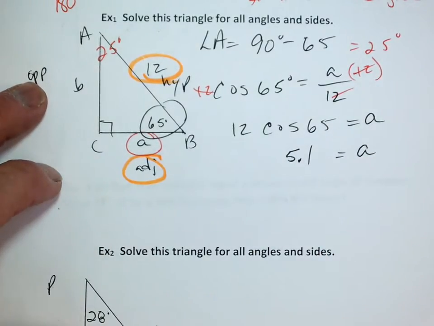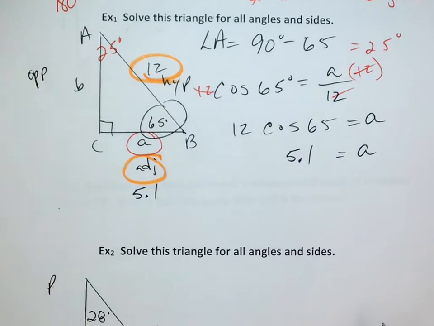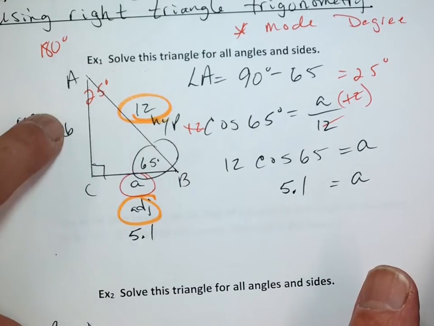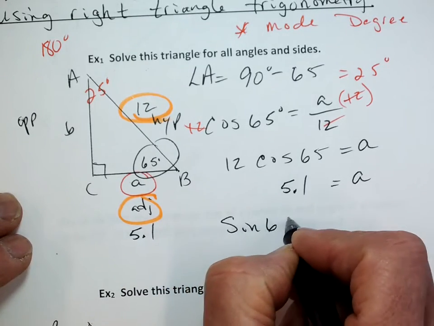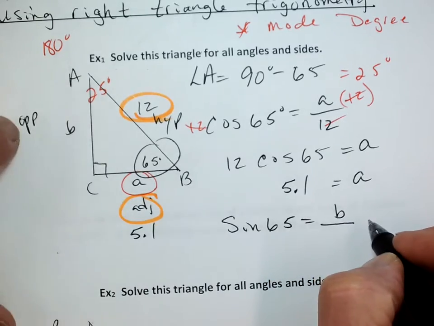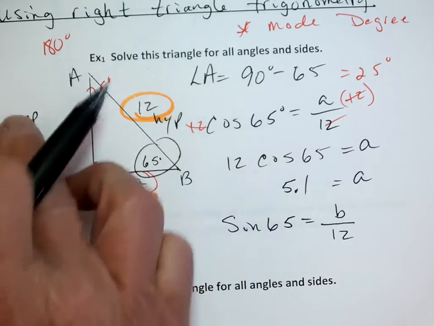Now, Jonathan yesterday said something about using Pythagoras' theorem to get the other side. That works, or you could use the sine function. I'm going to use sine because I think it's faster. Opposite over hypotenuse, so sine of 65 is equal to little b over 12.